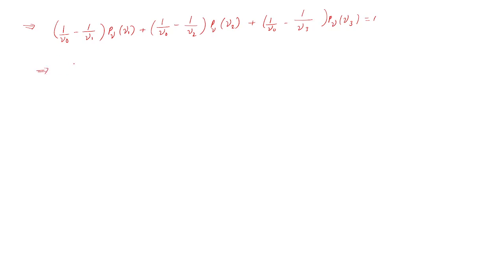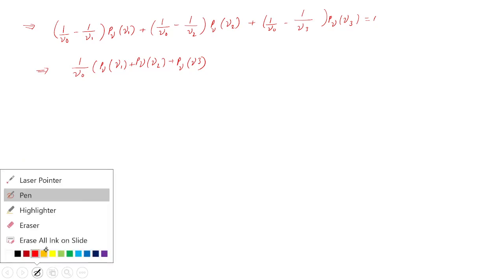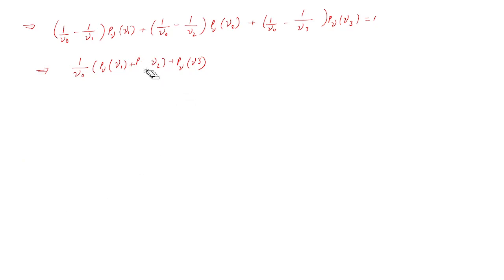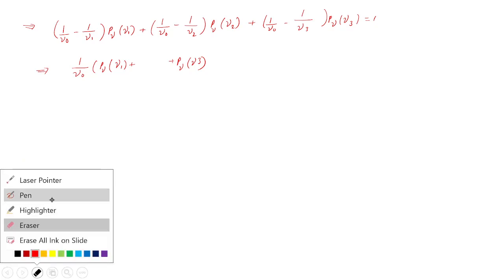So you can put the values inside. 1 over gamma naught times the summation of p of gamma 1 plus p of gamma 2 plus p of gamma 3. This should result in 1, and I can write it here also, but I'm just breaking it down for your better understanding.